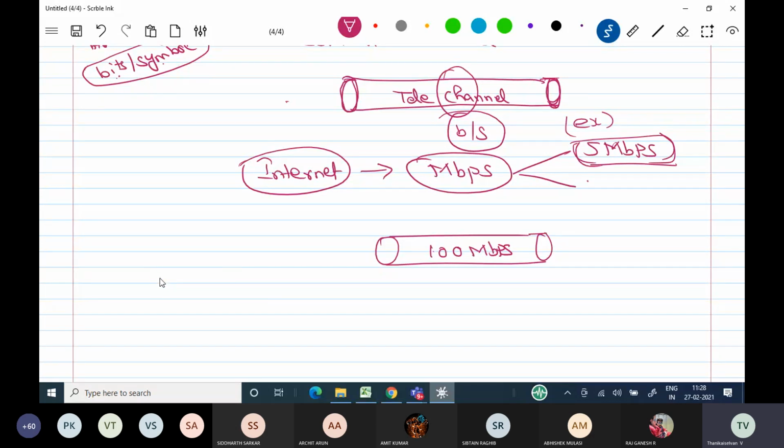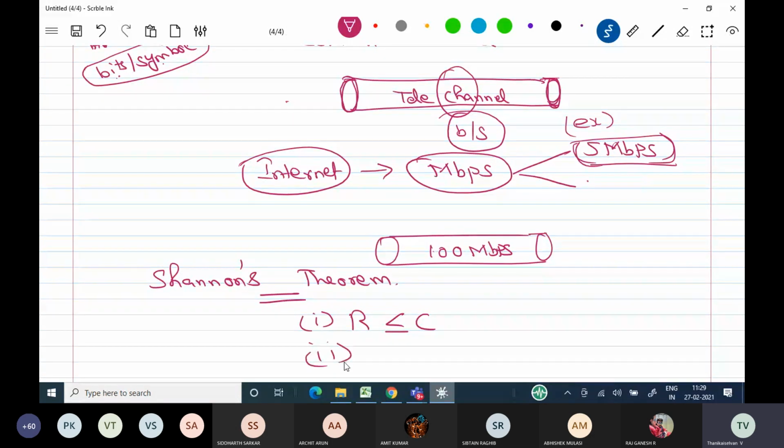What is that? We are following Shannon's theorem actually. Please listen. Shannon's theorem says that R is the data transfer rate, and that must be less than or equal to C. This is one statement.